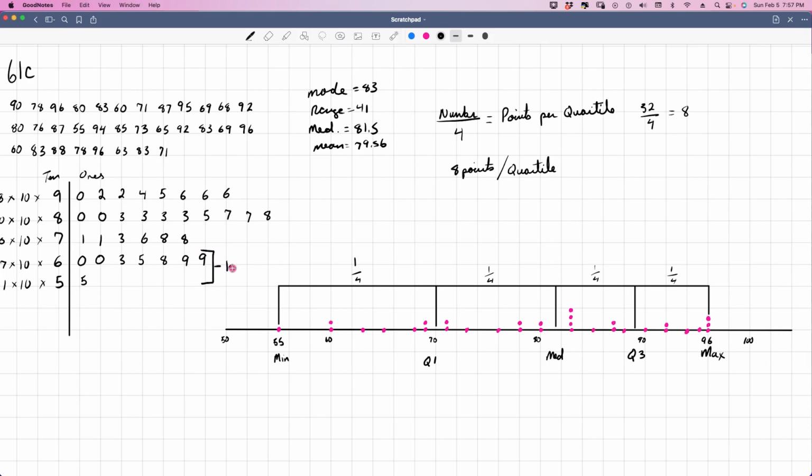Then the next group of 8 is 1, 2, 3, 4, 5, 6, 7, 8. So this is the section for your second quartile. And then the next quartile, 1, 2, 3, 4, 5, 6, 7, 8, is here. And then the last quartile is all of the ones in the 90s.